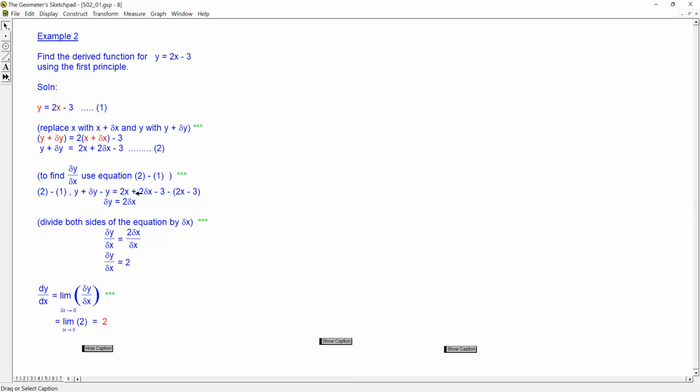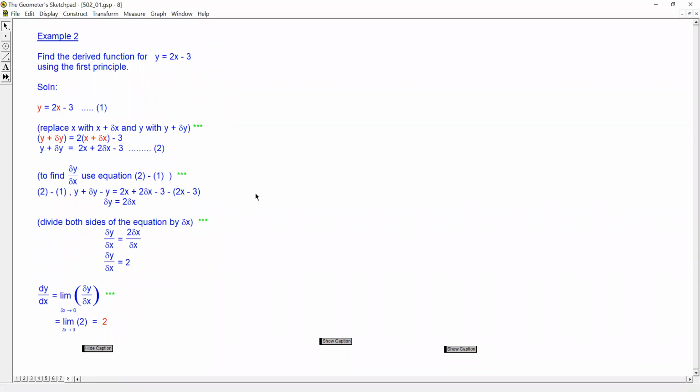So the y and y cancel off, 2x and 2x cancel off. Minus minus becomes plus, so negative 3 plus 3 also cancel off. So finally you are left with only 2 delta x. So delta y equals 2 delta x.